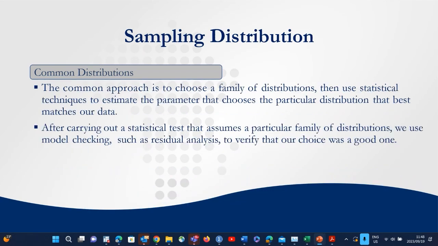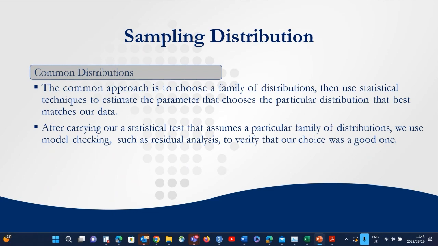There is a family of distributions that have already been theoretically established and proven. Once I say my data is like this, I can choose from that family of distributions depending on what I say the distribution of my data is.